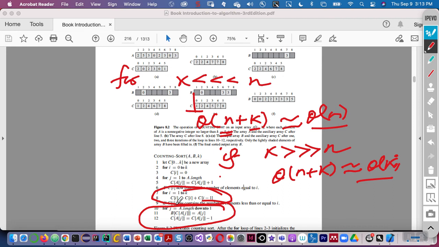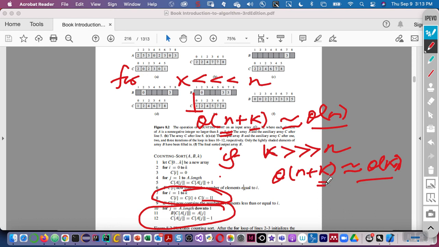Yes. So if K is bigger, then you would just say it's theta of K, and if K is smaller... K is the largest element. So that says equal to theta of K? Yes, if K is a very large value, then K will be the dominant part, right?